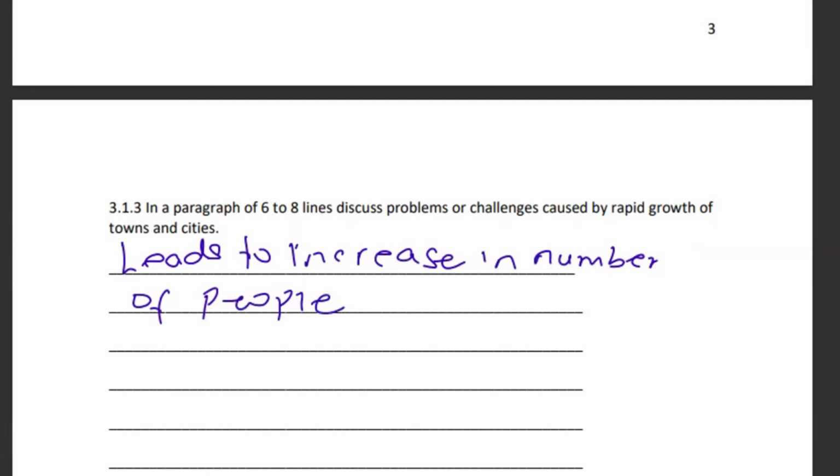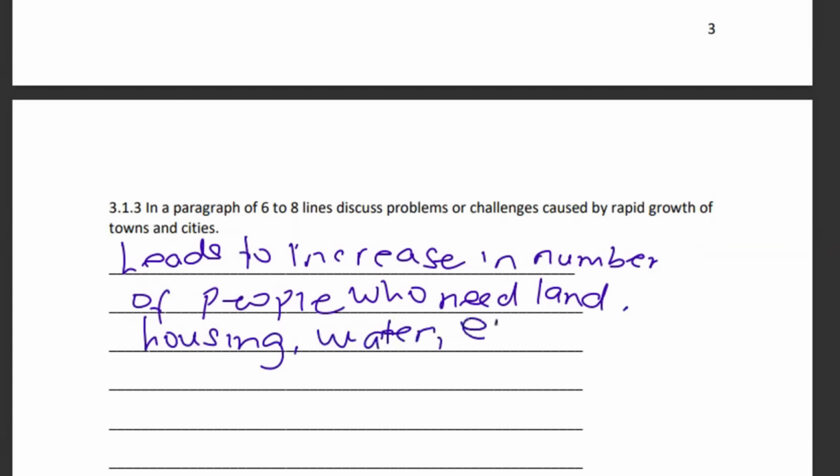When the people increase in number, it leads to an increase in number of people who need land, housing, water, electricity, healthcare, and schooling.